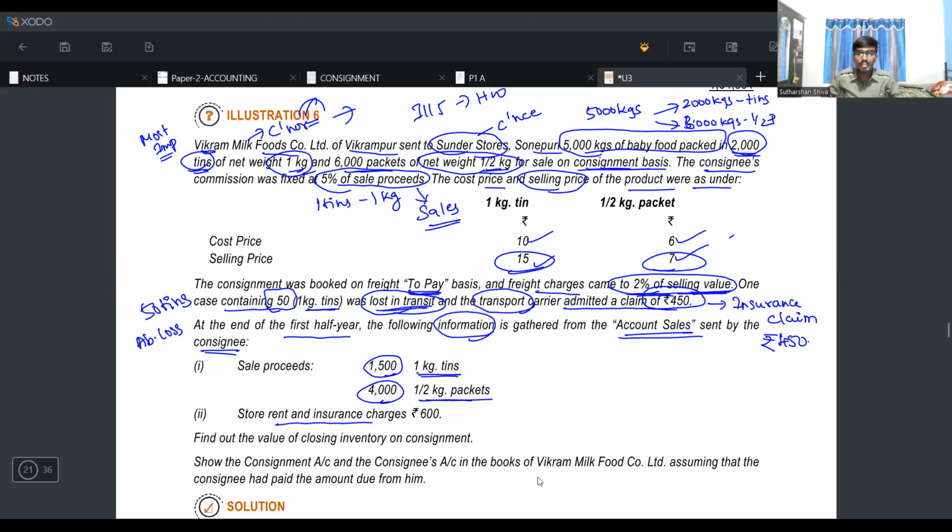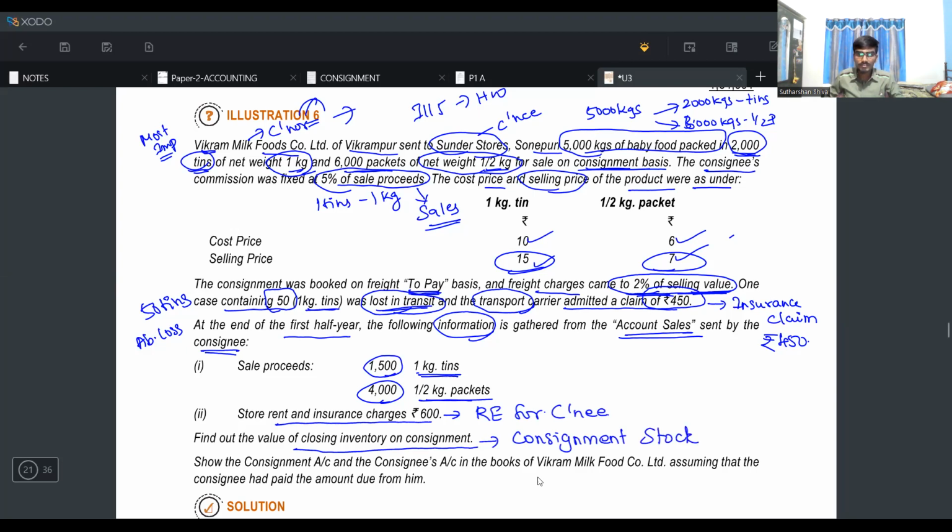Then store rent and insurance charges are a recurring expense for the consignee. Find out the closing inventory on consignment. You need to calculate the consignment stock.